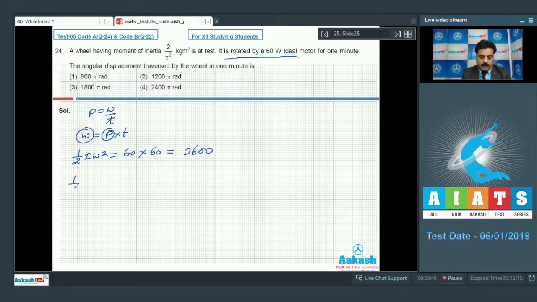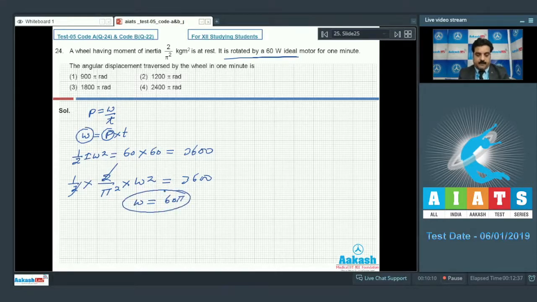Now I put the moment of inertia according to the problem, 2 upon pi square, times omega square, equals 3600. So 2 will cancel out, and omega square upon pi square, I take the root on both sides, so it gives omega equal to 60 pi. This is the angular velocity.